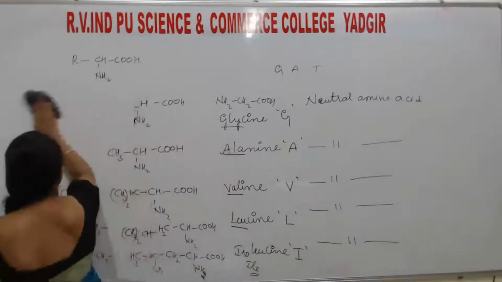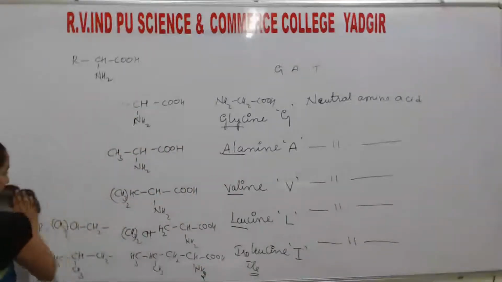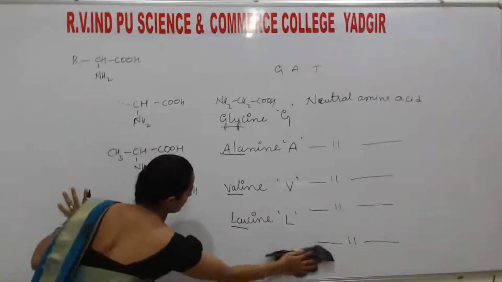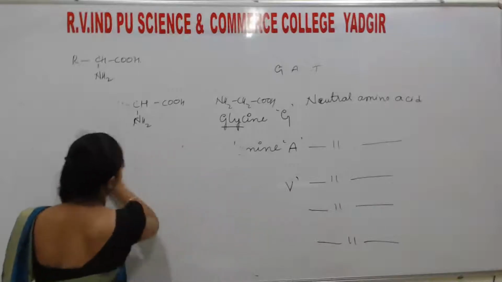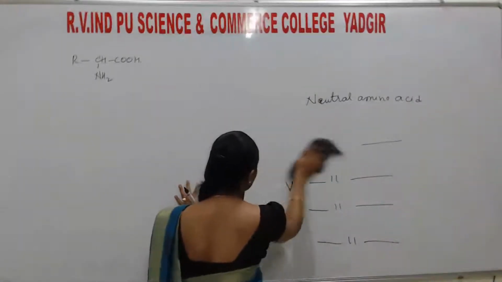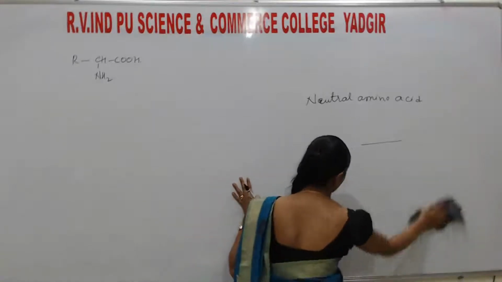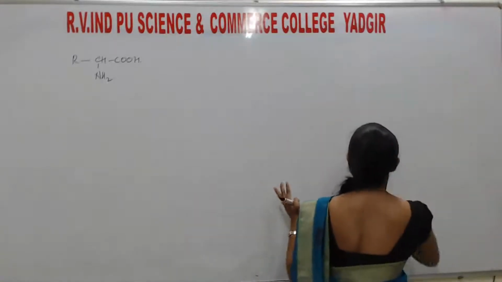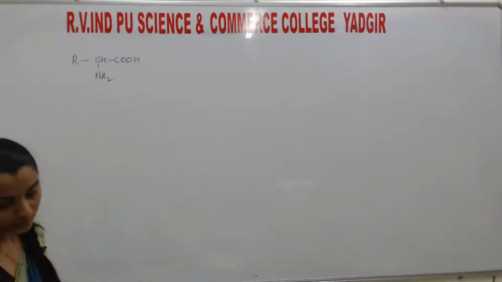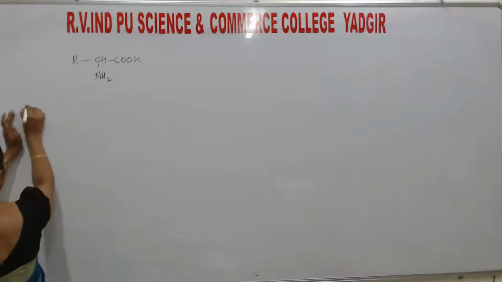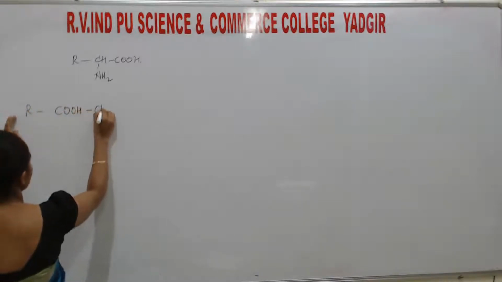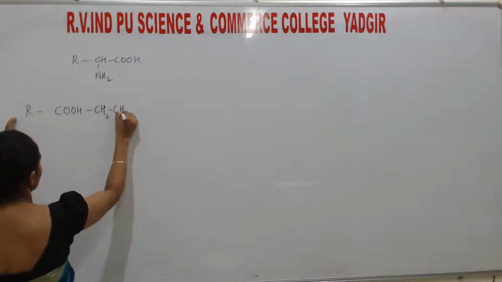Next we will discuss acidic amino acids. For acidic, our R group is COOH, CH2, CH2.